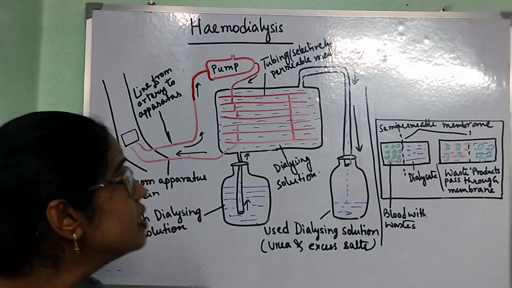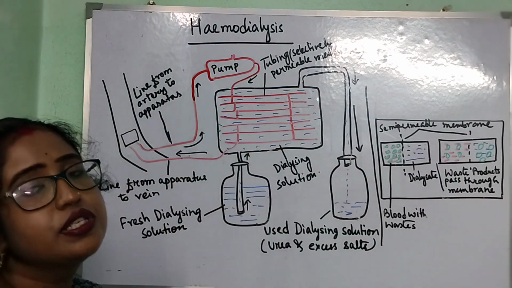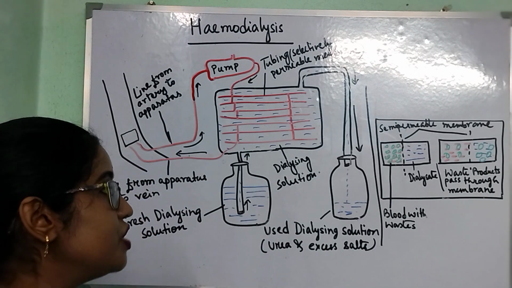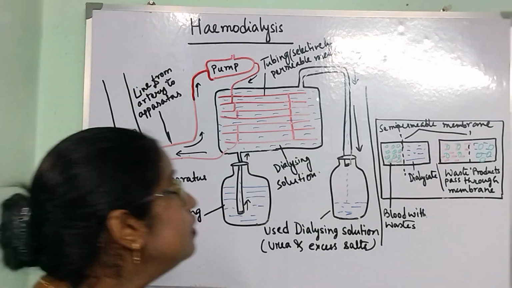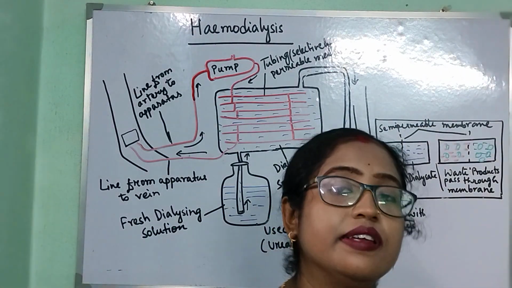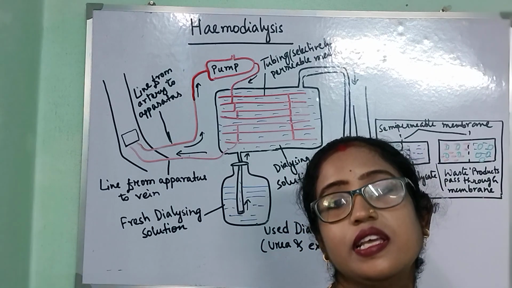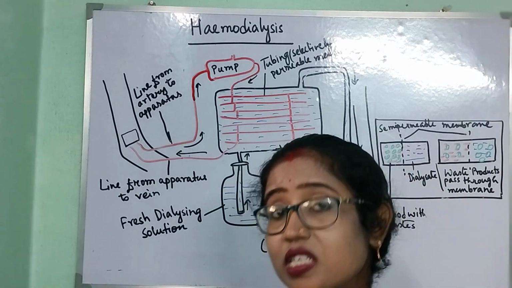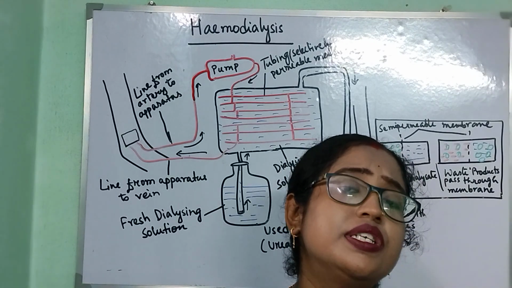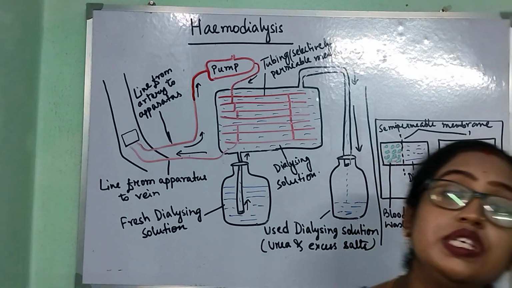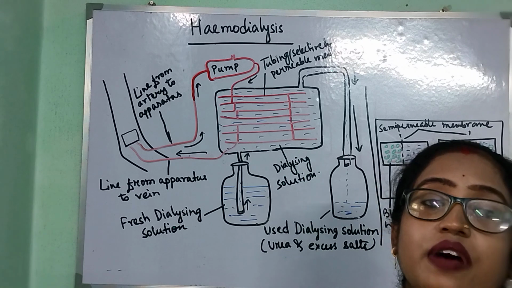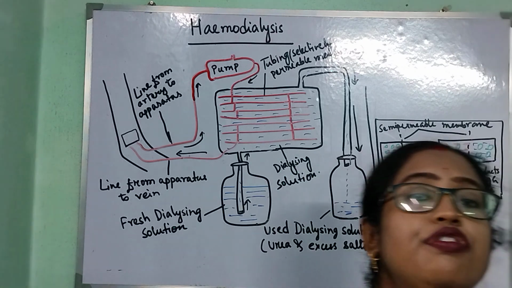So this dialysis process needs nearly 3 to 4 hours for completion. The amount of water that daily passes through the kidney is nearly 180 liters, but only 1 to 2 liters of solution is expelled out through the kidneys via the formation of urine.